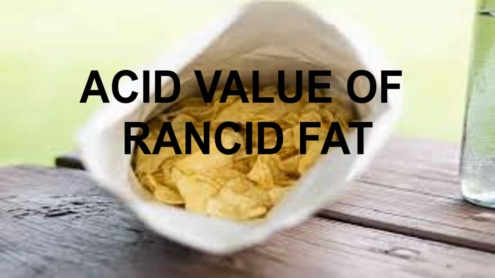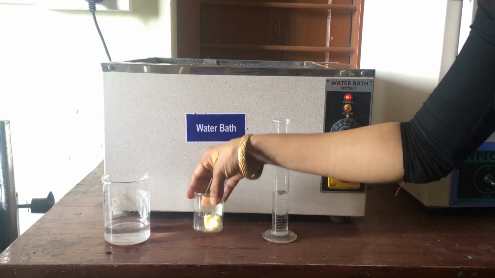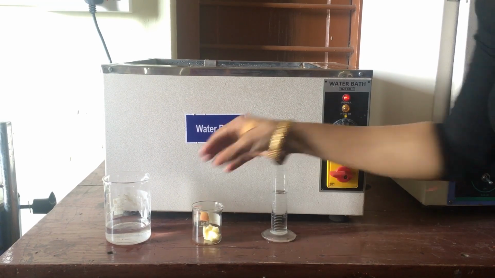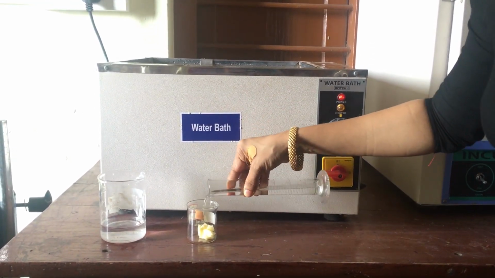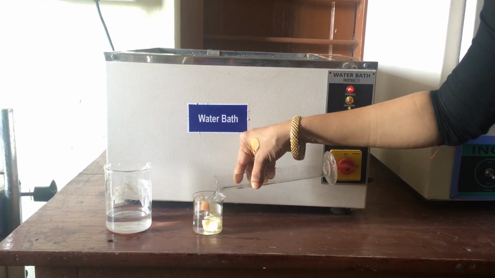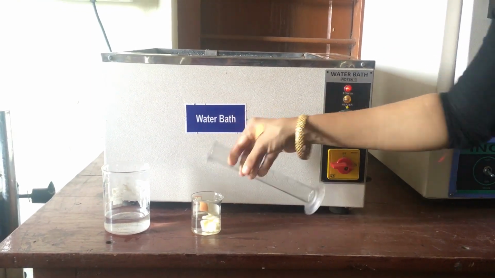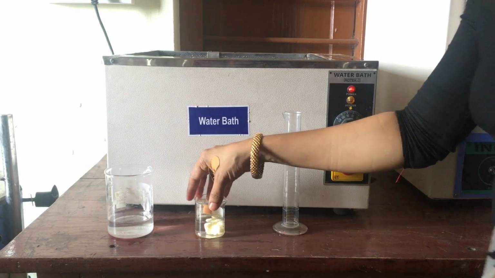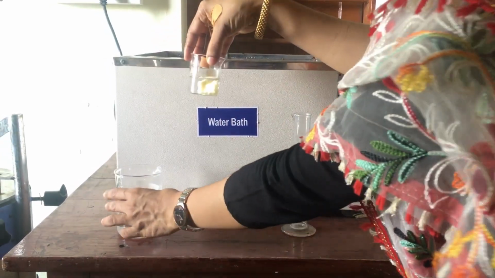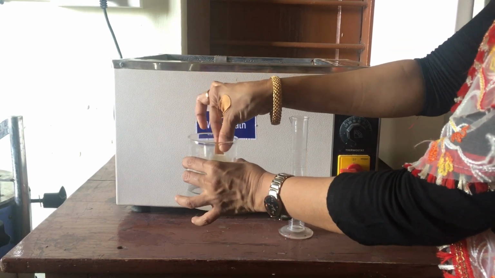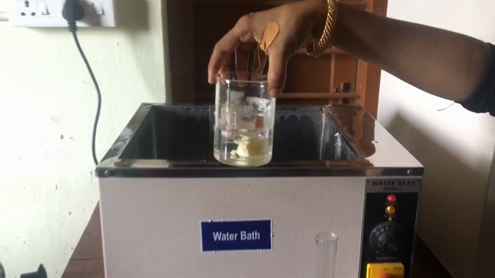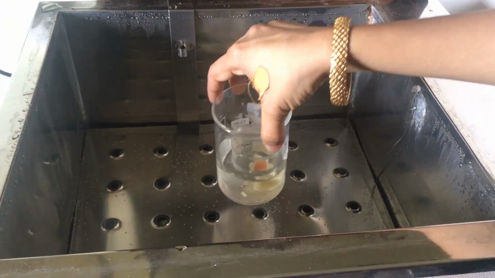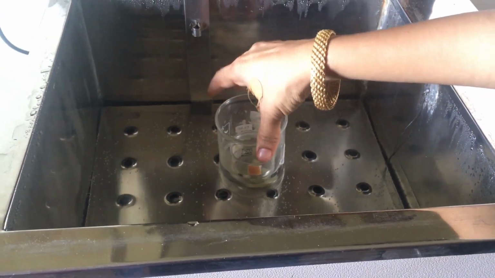Acid value of rancid fat. For this also, I have weighed 5 gram of fat that was kept outside without refrigeration for 4 days. To this also, we are pouring 25 ml of isopropyl alcohol and need to double boil it by keeping it inside another beaker, and after that placing it inside a water bath for a while to get it melted.